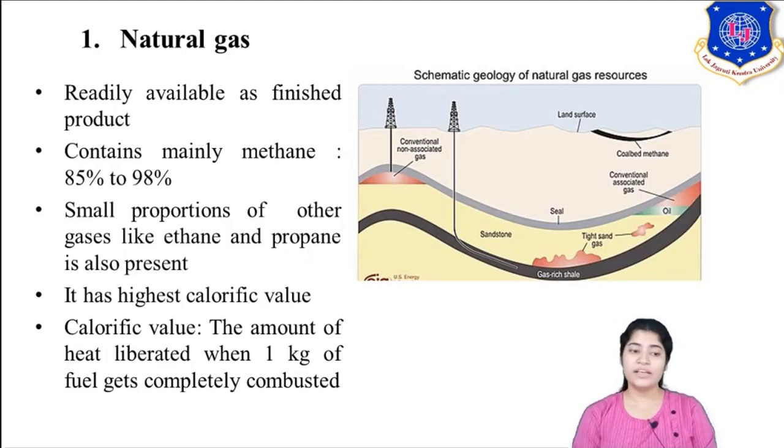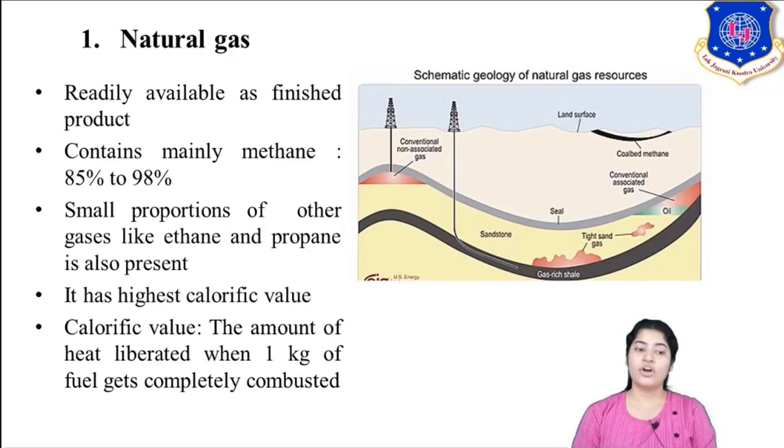Now, why does natural gas have the highest calorific value? See, the composition is mainly methane, CH4, that is the chemical formula of methane. When it is subjected to burning, methane will react with oxygen. I am talking about complete combustion, means burning it in the presence of excess oxygen. I'm not limiting the combustion. Not partial combustion, full combustion.